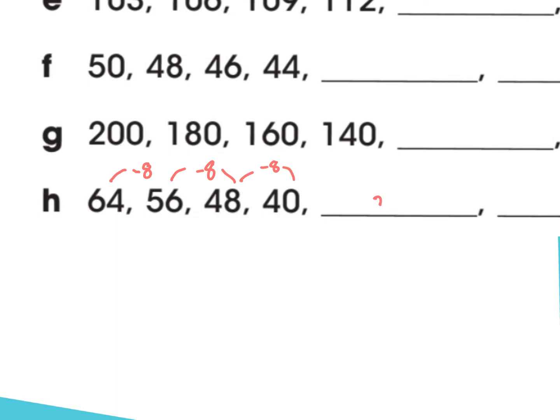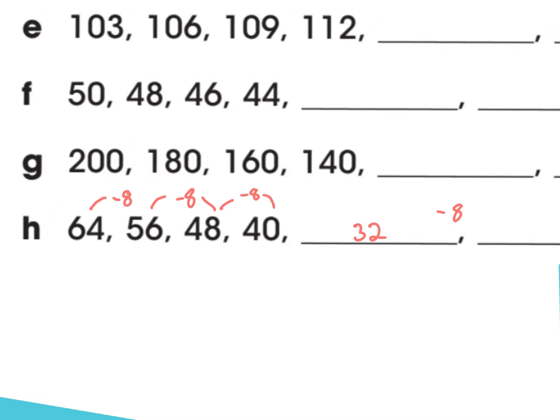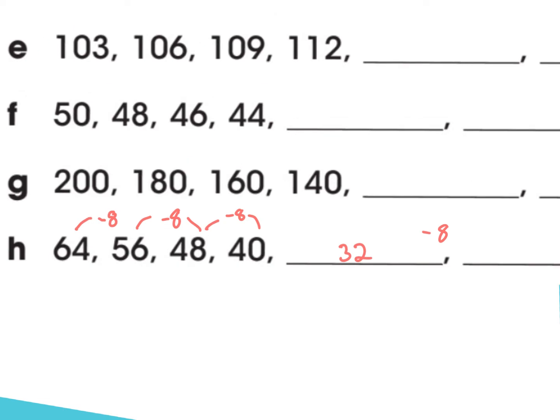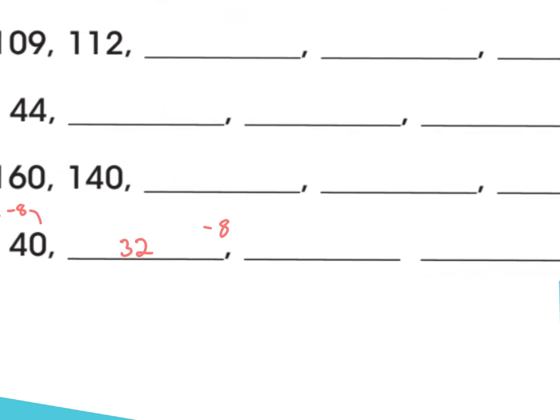And I'm going to keep minusing on the next one. 48 minus 8 is 32. Then I minus 8 again. 32 minus 8 is... I'll just try and move that across. Okay, that's fine. And then as you move it across there, that's better.